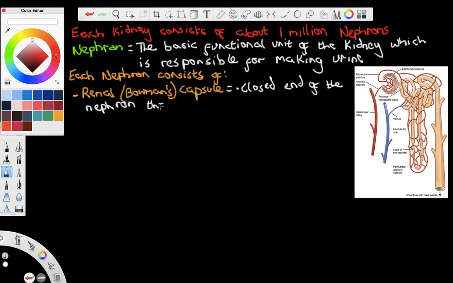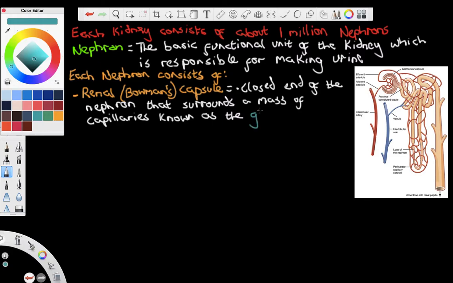that surrounds a mass of capillaries known as the glomerulus.